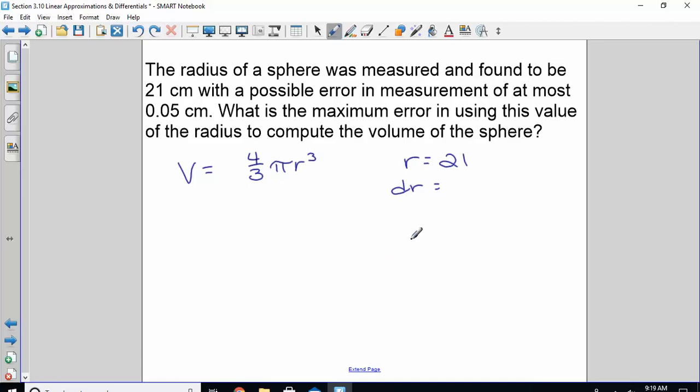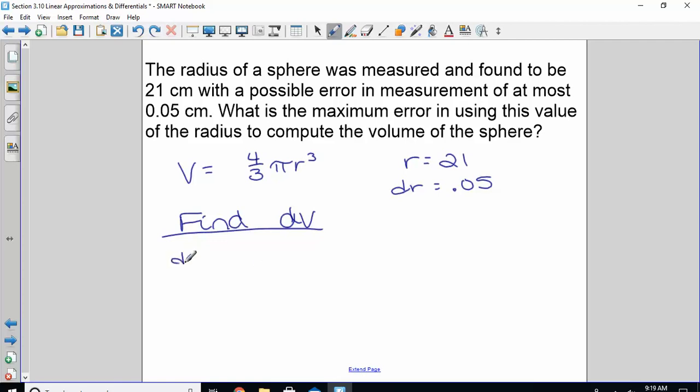What was the error? 0.05. When I want the maximum error in the volume, what I mean is find dV. A differential is like the error calculation.